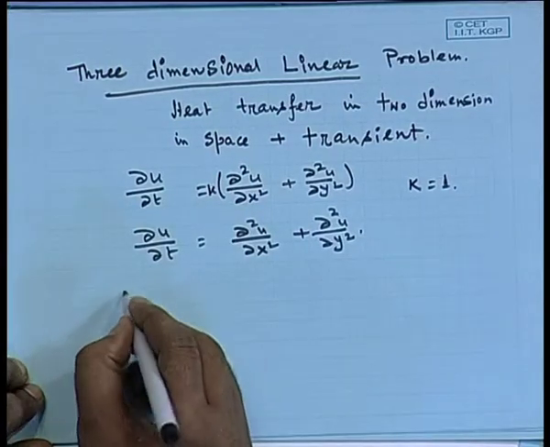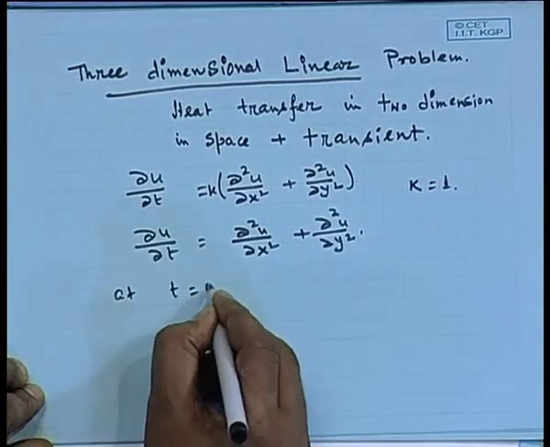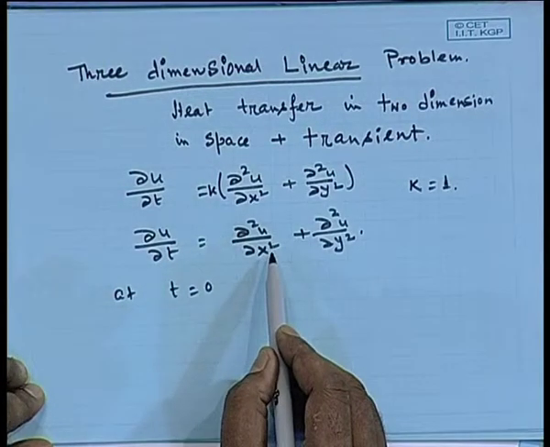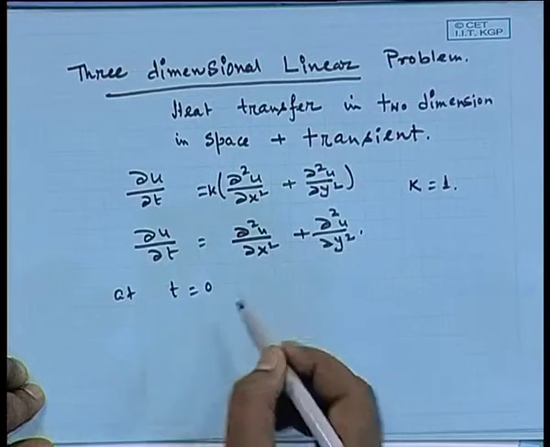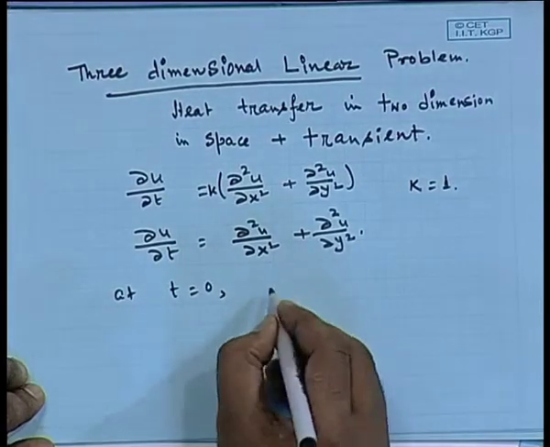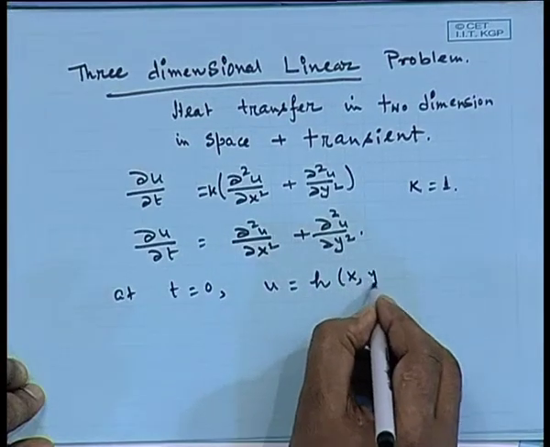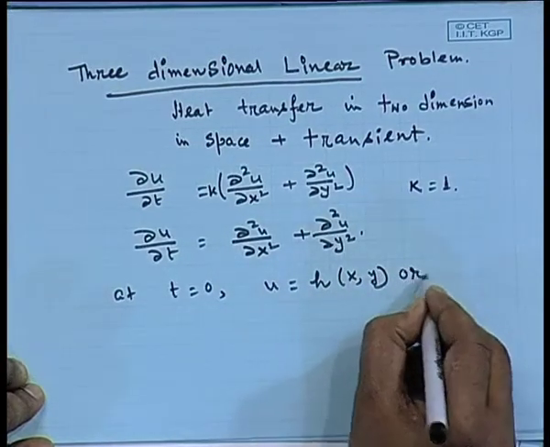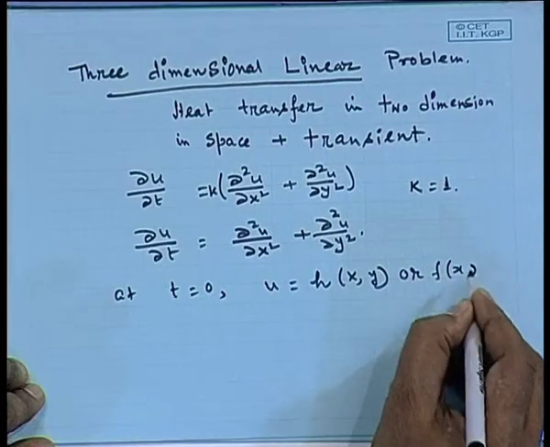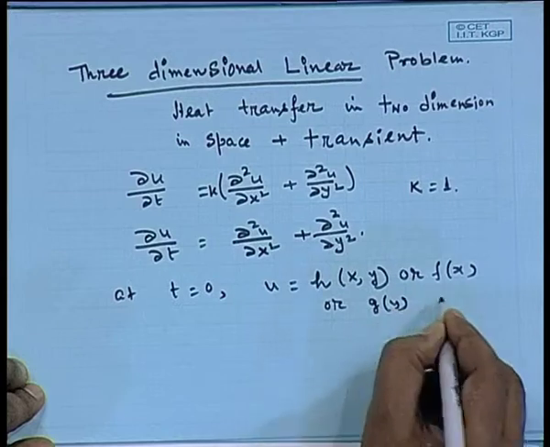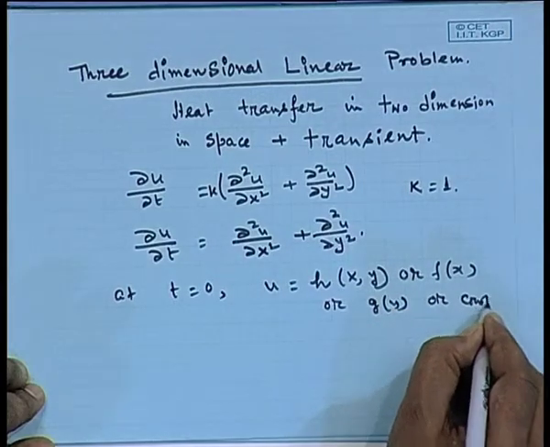Let us say at time t equal to 0. So, you must be having one initial condition on t, 2 boundary conditions on x and 2 boundary conditions on y. So, let us say at t equal to 0, u is having some prescribed function of x and y, or some function of x only, it may be some function of y only, it may be some constant.